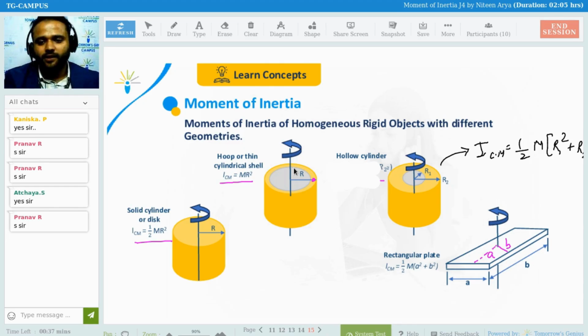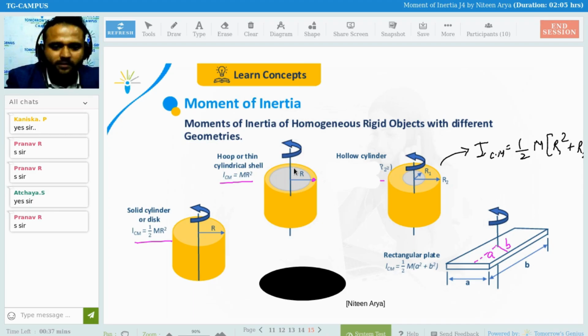Okay, so in this way these are the two things for a hollow cylinder, for a hoop or thin cylindrical shell, and for a solid cylinder or disc. What is a disc? A disc looks something like this. This is your disc of radius r.